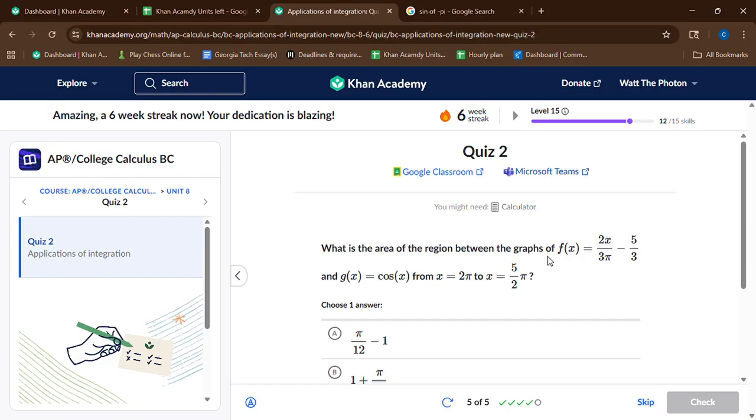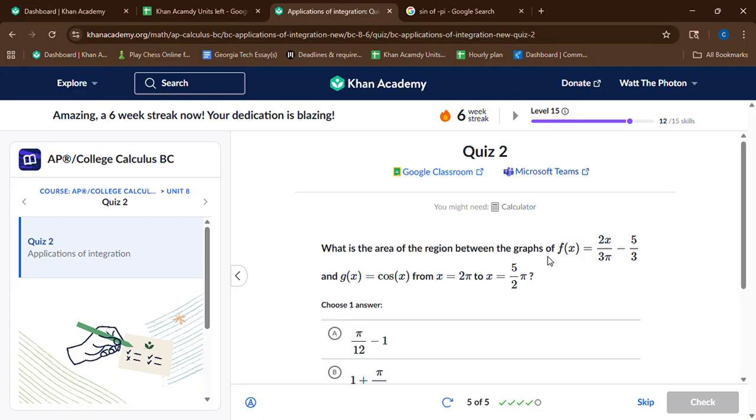We have the integral from 2 pi to 5 over 2 pi of x squared over 3 pi minus 5 over 3 minus cosine x. Okay, so we'll do the integral of the second one first.